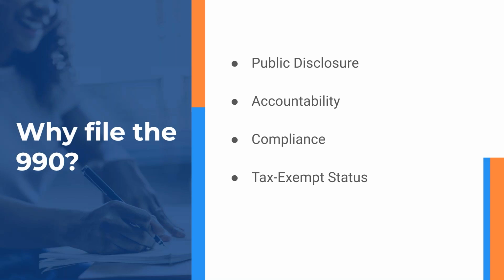It can also show transparency to the public about your organization's financial health, governance, and activities, and this can help you build trust with your donors and stakeholders. It can show funding opportunities. Many grant-making organizations and foundations require a copy of your Form 990 as part of their funding application process, and also for public inspection.